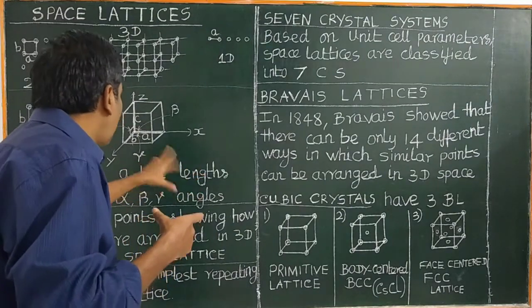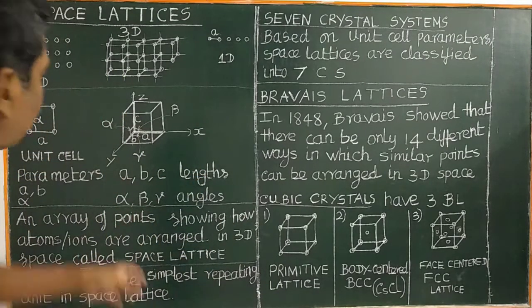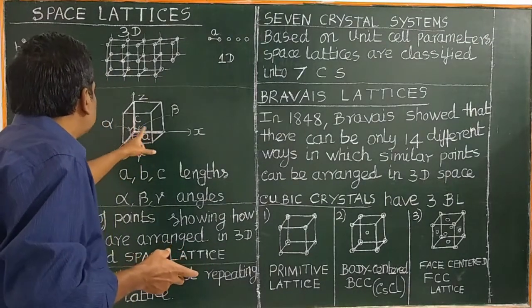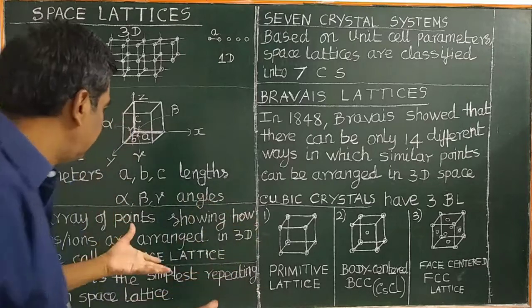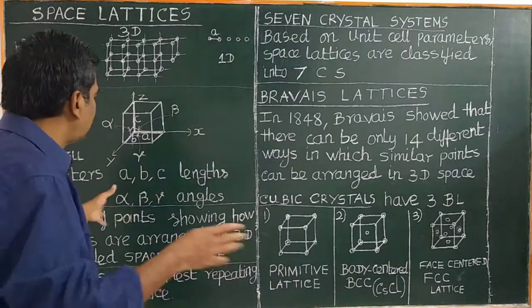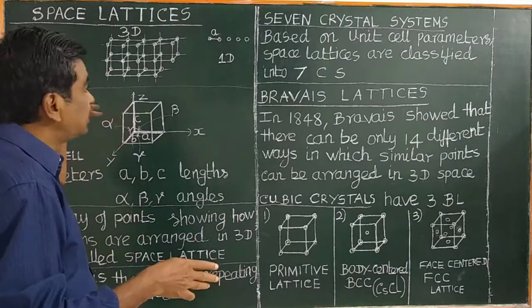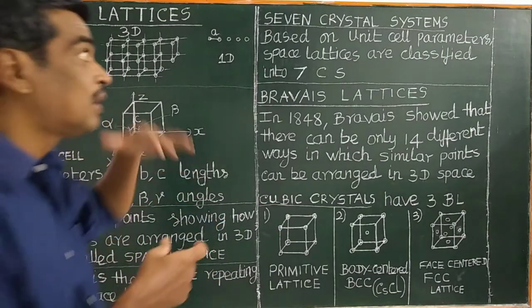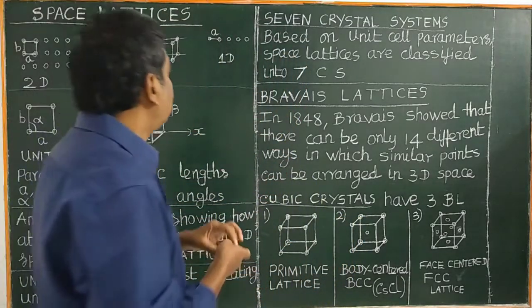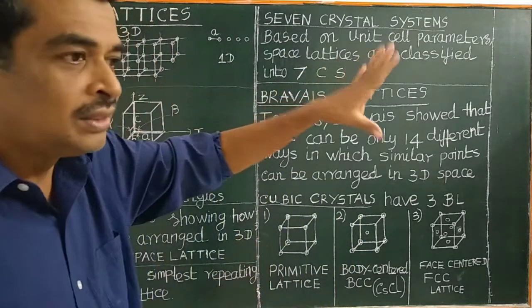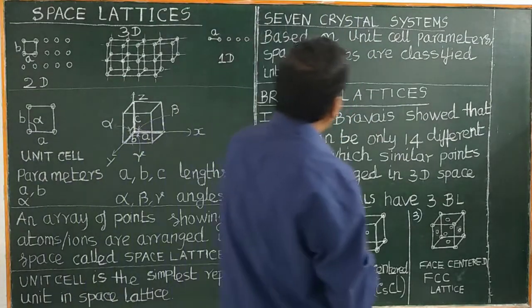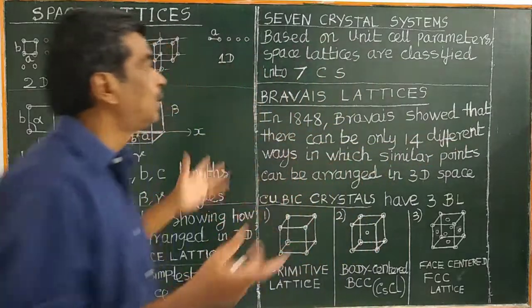If A not equal to B not equal to C and alpha, beta, gamma are not equal to 90 degrees, then it is a triclinic system. There are also monoclinic and orthorhombic systems; we will study them further. Based on unit cell parameters, there are 7 crystal systems. Please remember. Next, what are called Bravais lattices?